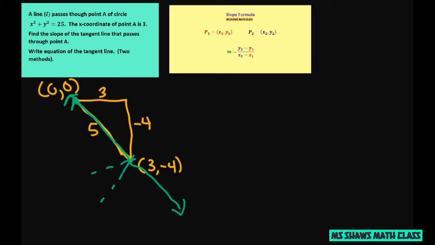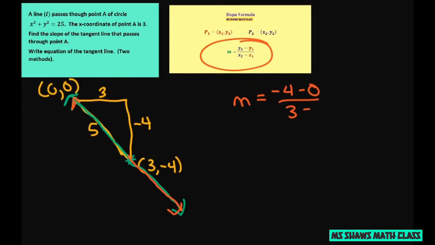So what we're going to use is the perpendicular slope of this line. So basically, let's get the slope of this line. Notice that it's going down from left to right, so it's going to be negative. I'm going to use my slope formula. That's negative 4 minus 0 divided by 3 minus 0. So the slope of that line is negative 4/3.